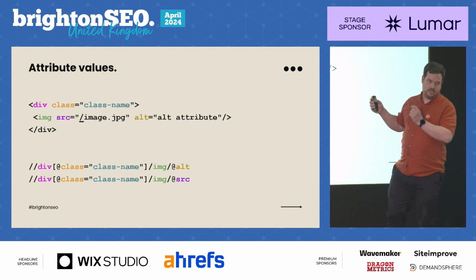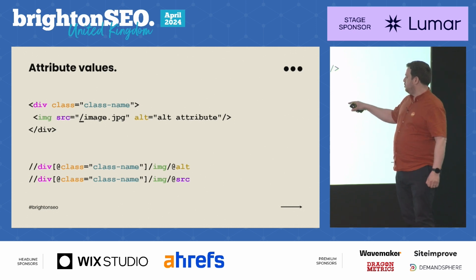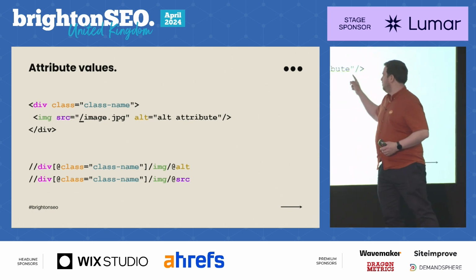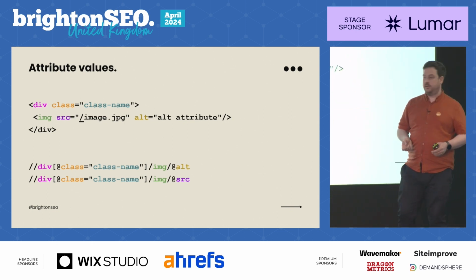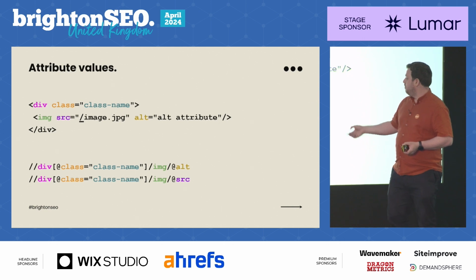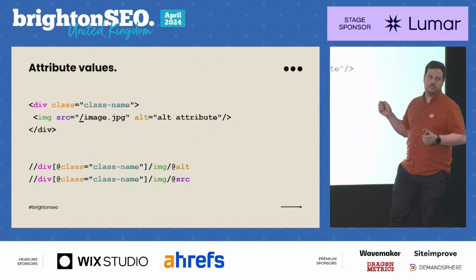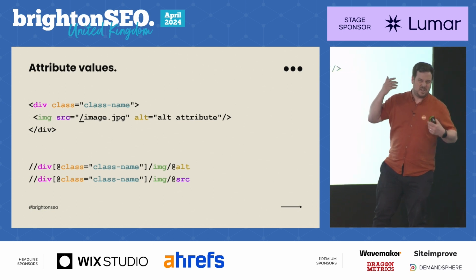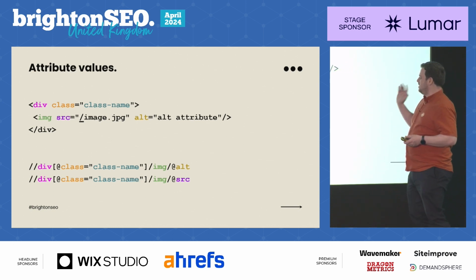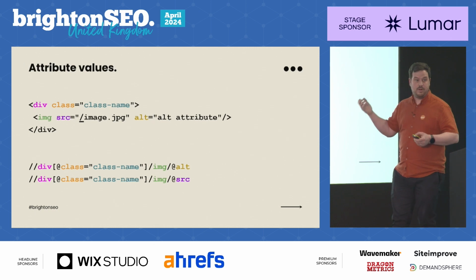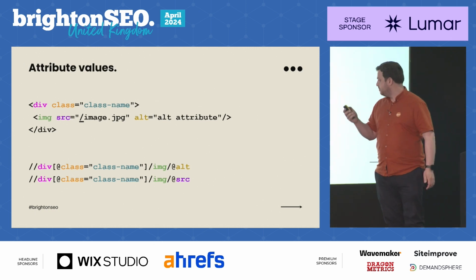The @ there is the important bit, and that will extract this alt attribute value. Or //div @class equals class name /img, and I'm repeating a lot, but it helps to embed it in your mind. And then at the end do /@src, and that will get the URL of the image.